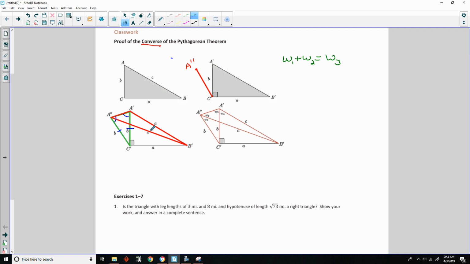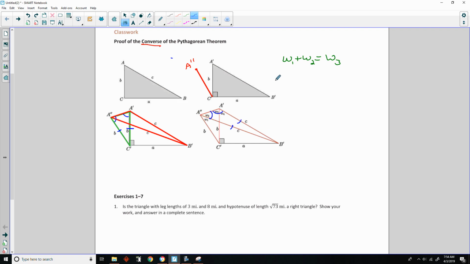And this triangle, A double prime, B prime, A prime, is isosceles because we have a side length C, they're equal. And therefore, this angle, W2, is equal to W3 plus W4 because C is equal to C. So if two sides are congruent, their opposite angles are congruent.